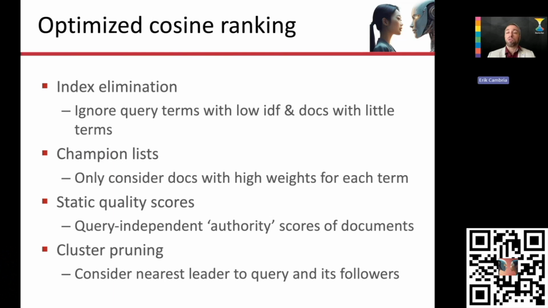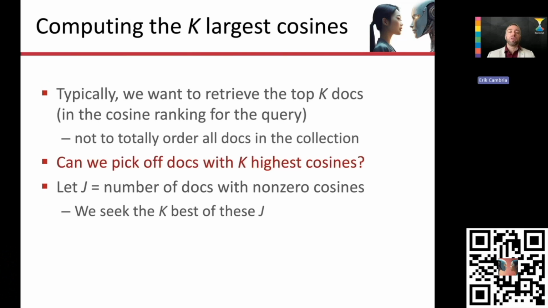Specifically, these 4 tricks: index elimination, champions lists, static quality scores, and cluster pruning. So index elimination comes from the simple idea that, for example, if I have a query cats, it doesn't make sense for me to go and calculate the TF-IDF score between this query and those documents that don't even contain the word cats, right?